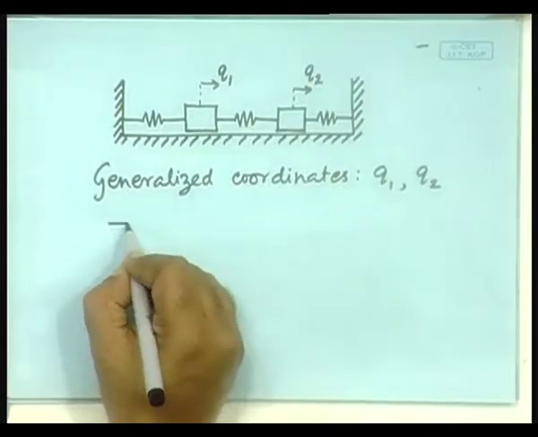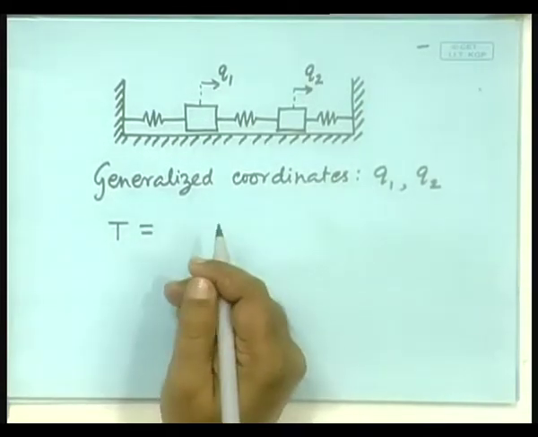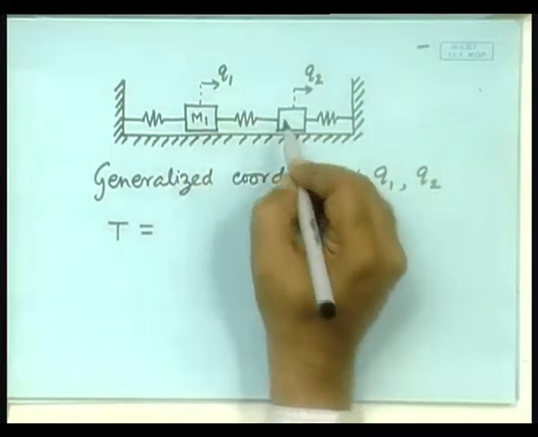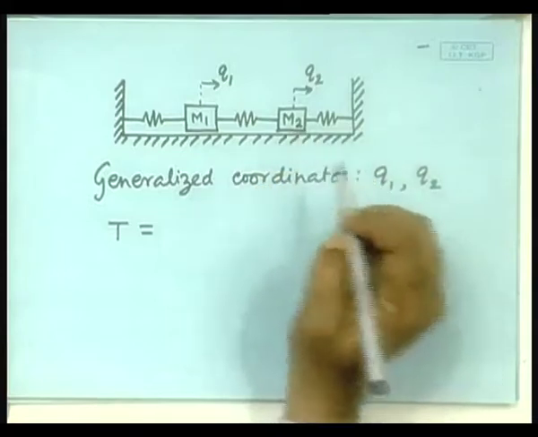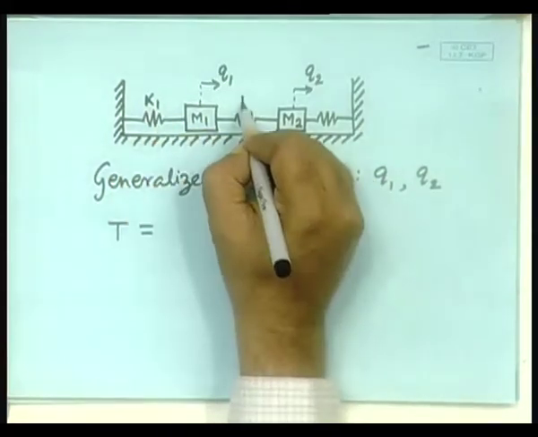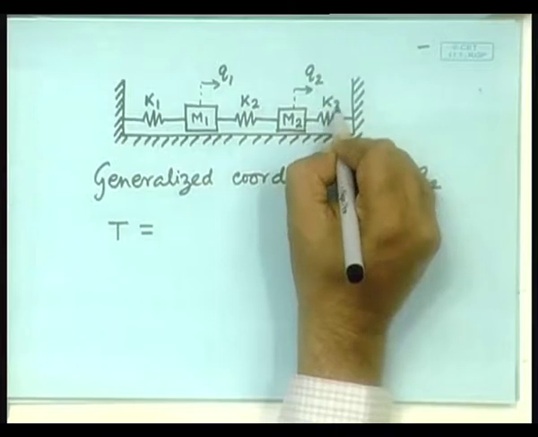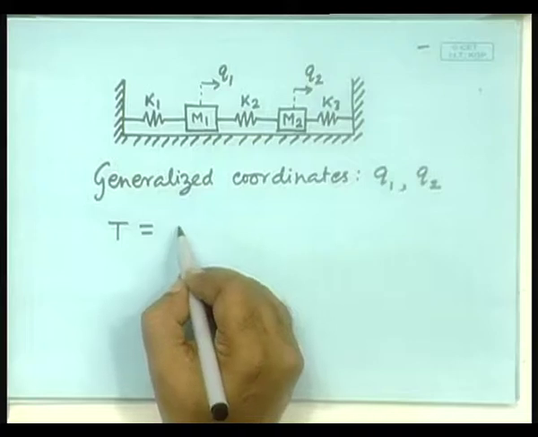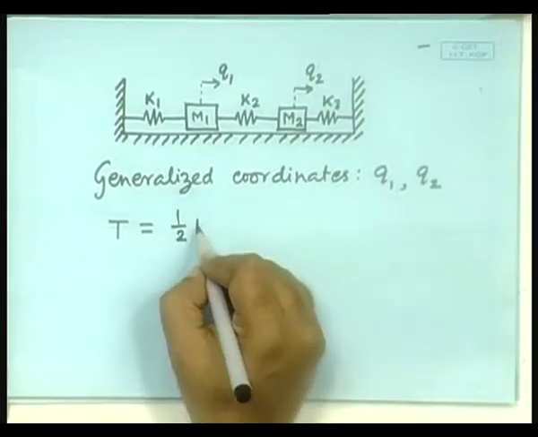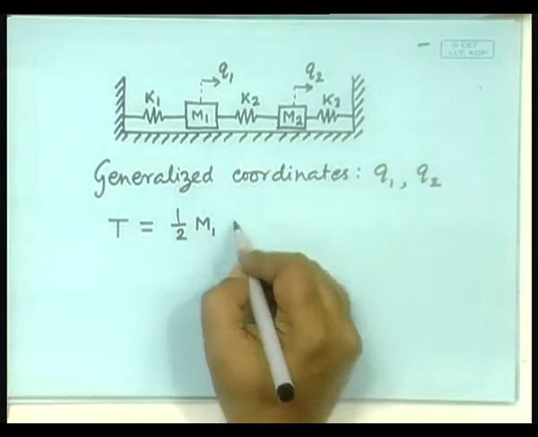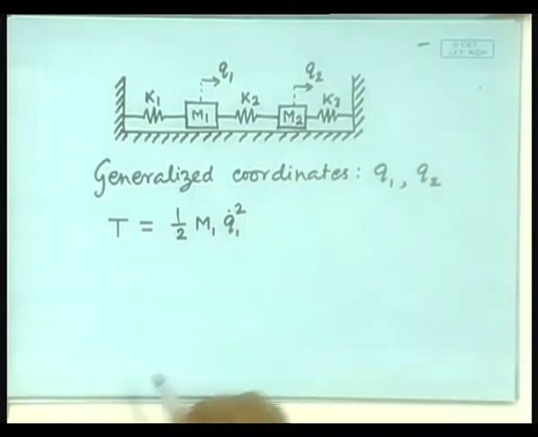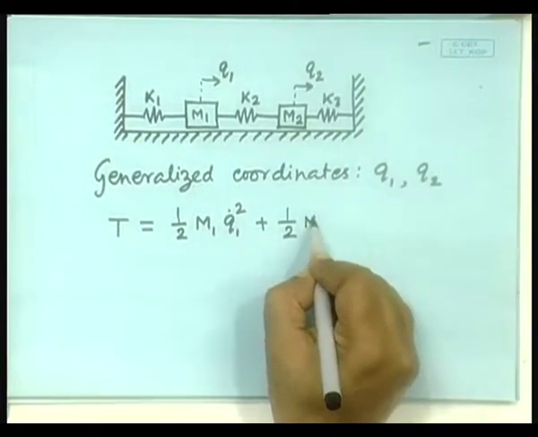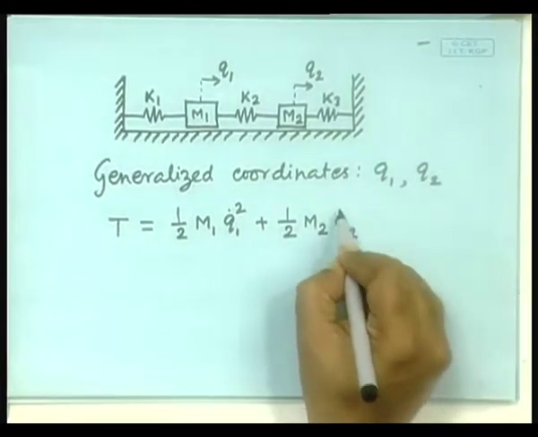So let us first write down the T, pretty simple, because this has a mass m1 and this has mass m2. Let this be k1, k2 and k3. Then the kinetic energy is half m1 q1 dot square for the first one plus half m2 q2 dot square, simple.